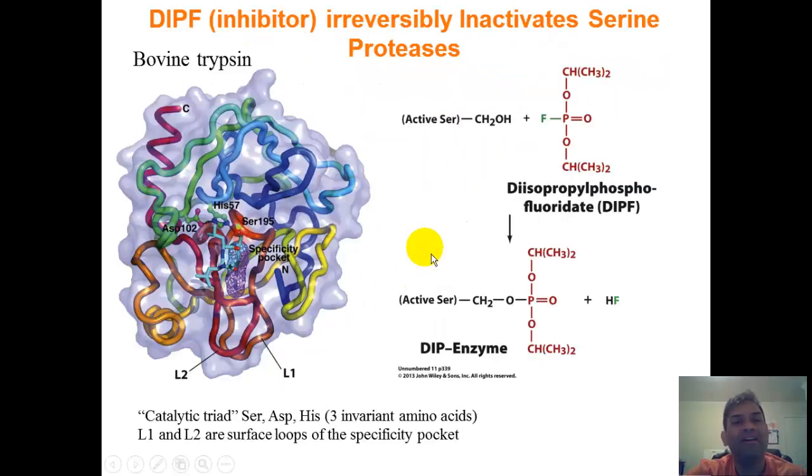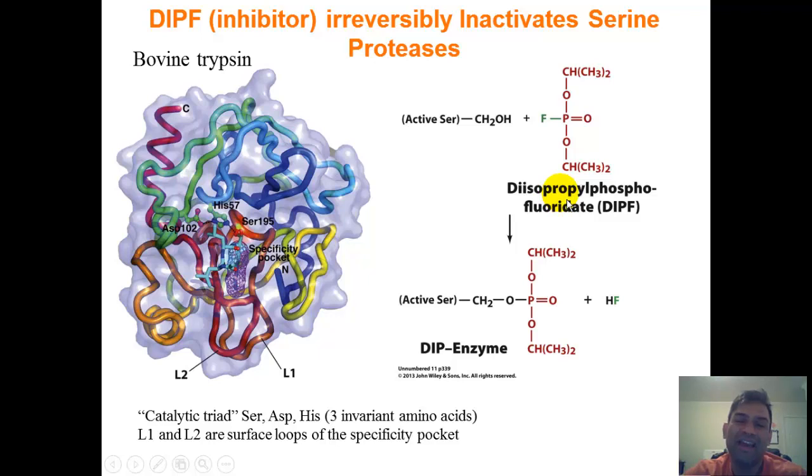So a lot of the mechanism that we learned from serine proteases, this is classic biochemistry, classic studies, kind of like the Anfinsen experiment, that's very classical. Mechanisms of serine proteases are also classical stuff. How do we know a lot about serine proteases? We learn a lot about the mechanism of serine proteases through the action of poison, specifically this poison called diisopropyl fluorophosphate.